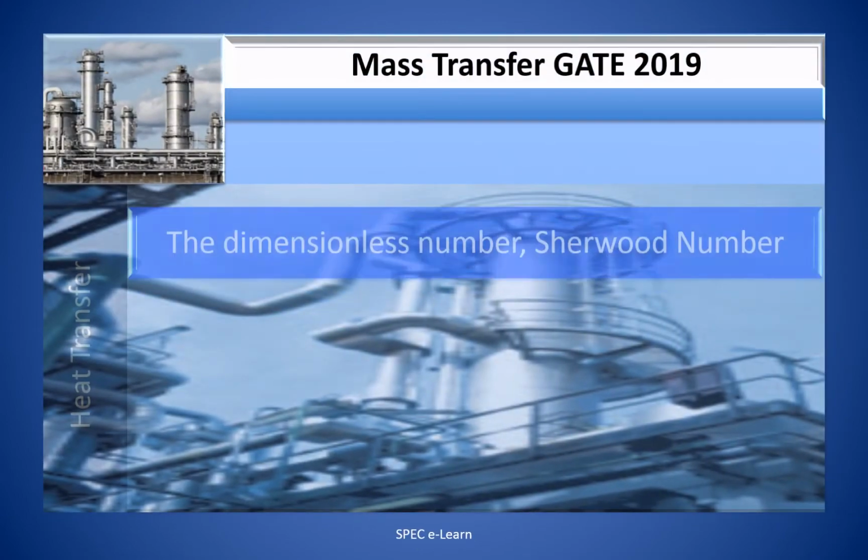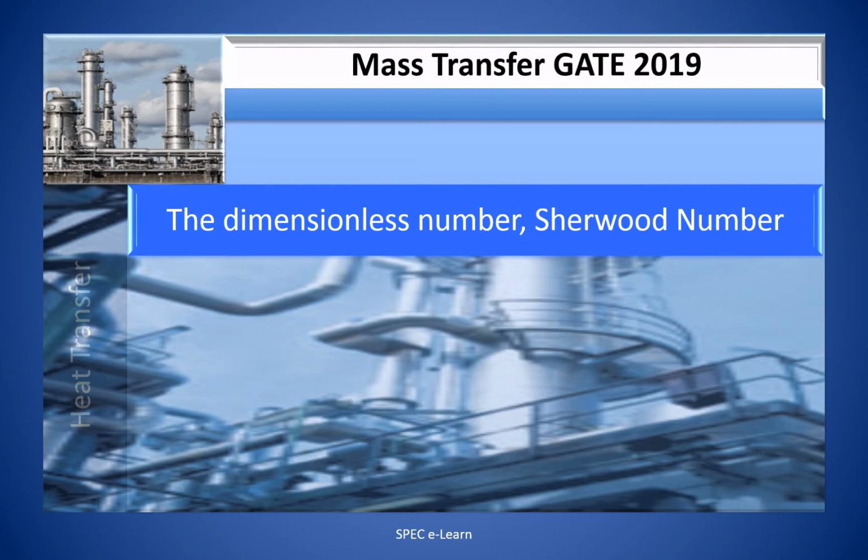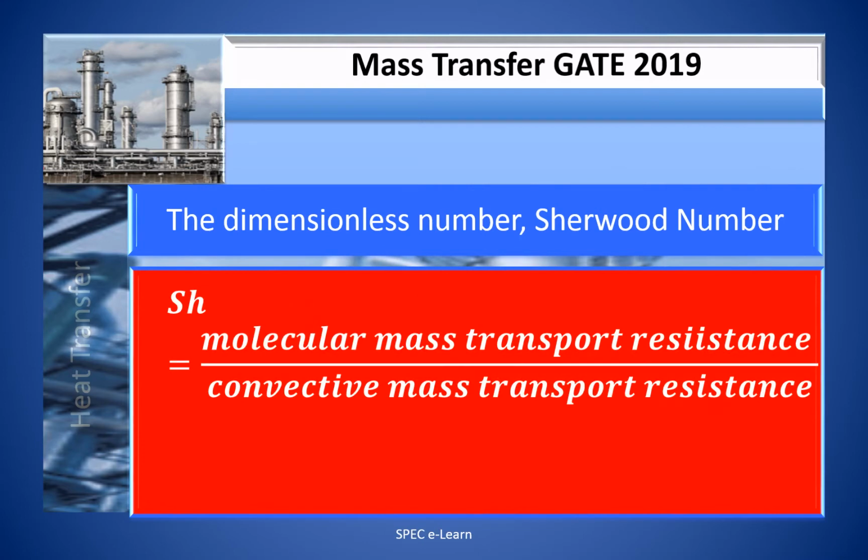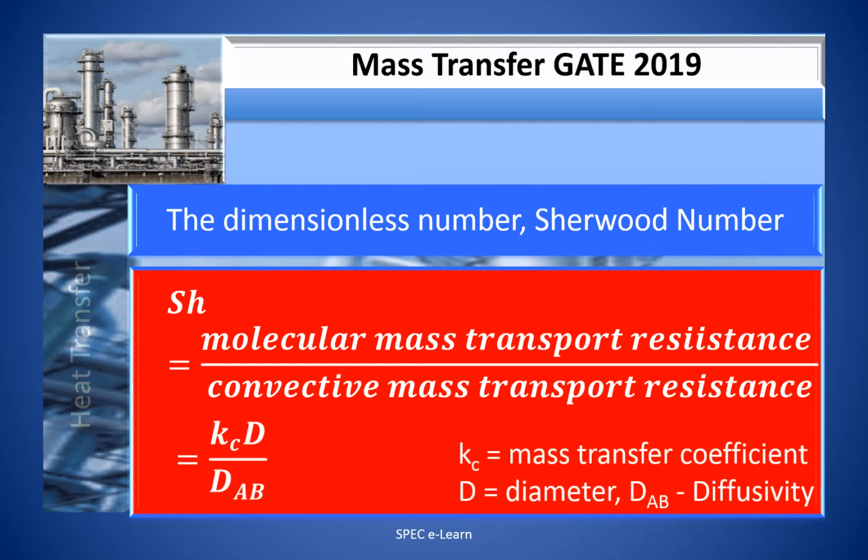The dimensionless number Sherwood number is expressed as the ratio of molecular mass transport resistance to the convective mass transport resistance, which equals Kc into D divided by DAB.